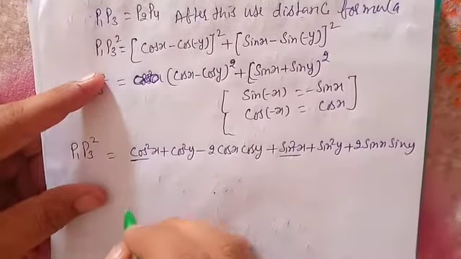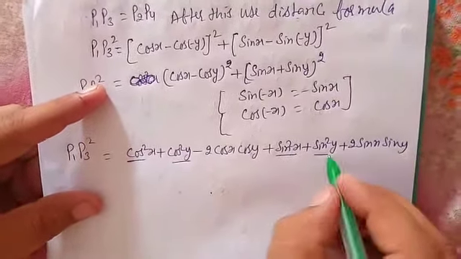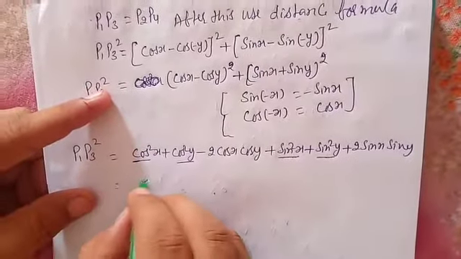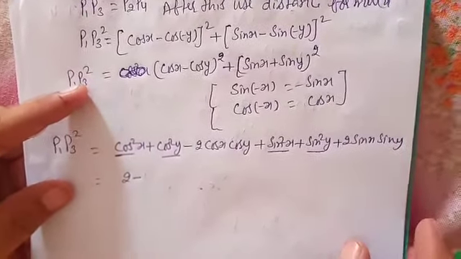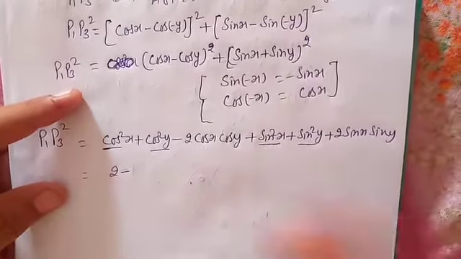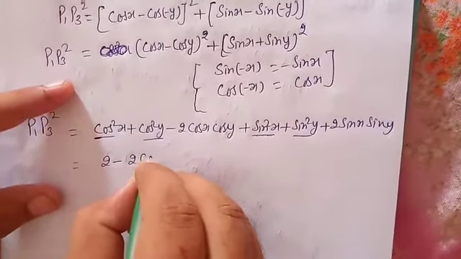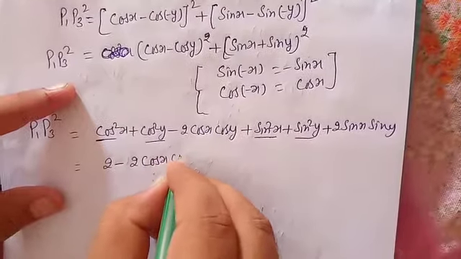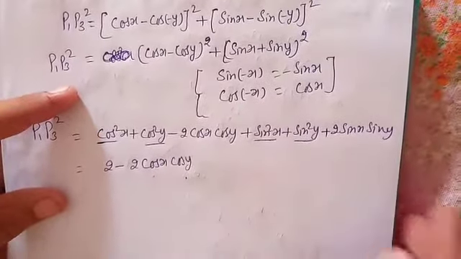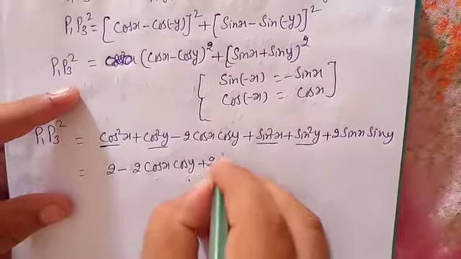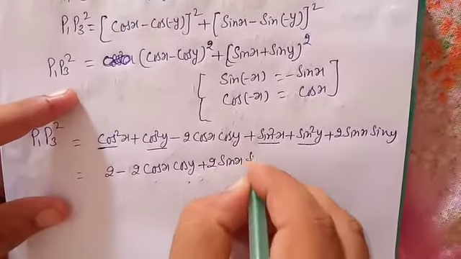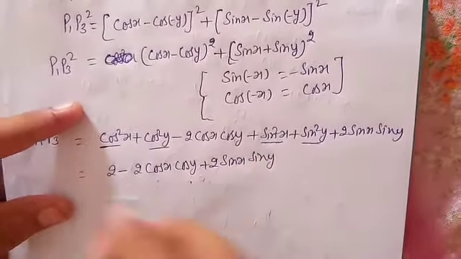This plus this 1, this plus this 1, it means 2 minus what's coming? 2 cos x cos y plus 2 sin x sin y.